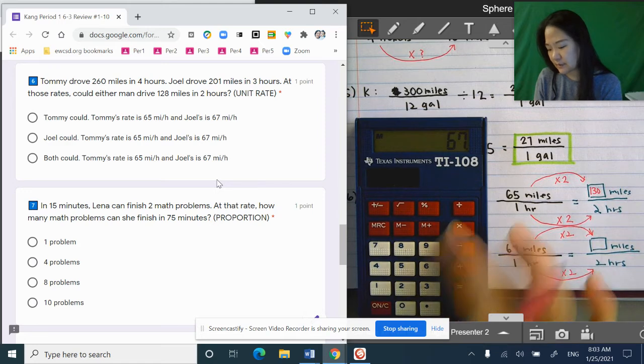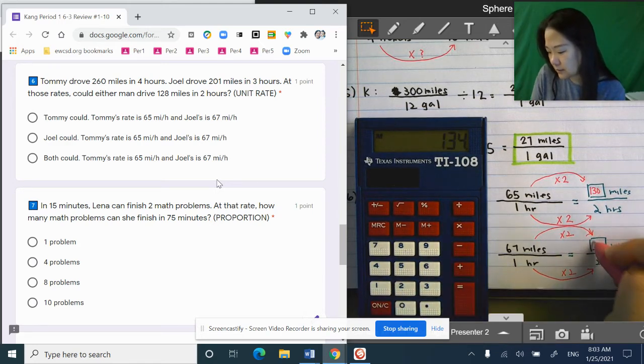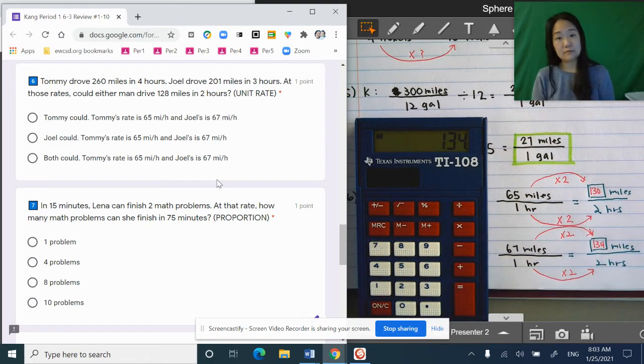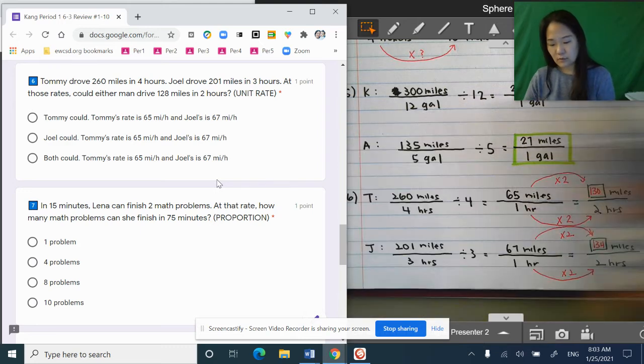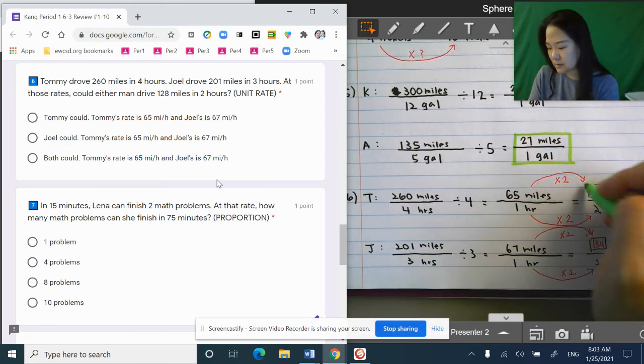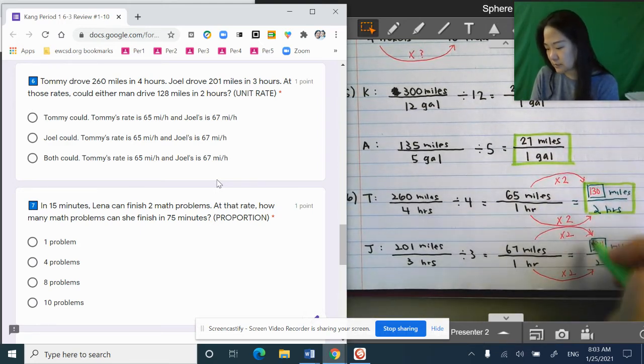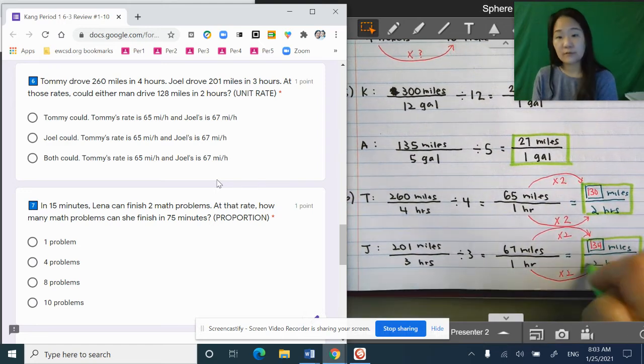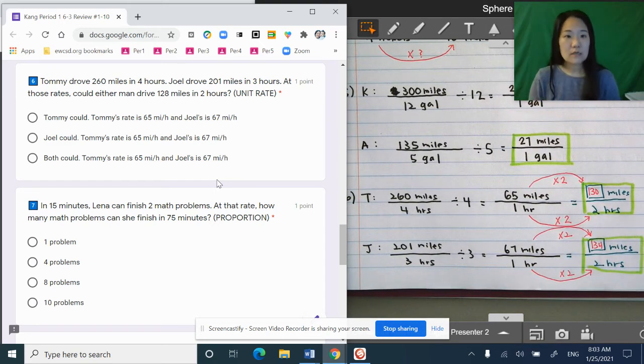So 67 times 2 is 134 miles in 2 hours. So looking at your answers, 130 miles in 2 hours and 134 miles in 2 hours. So they both can drive at least 128 miles in 2 hours. So then you would choose that answer.